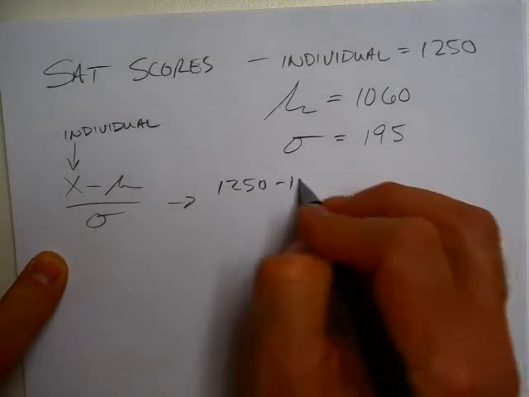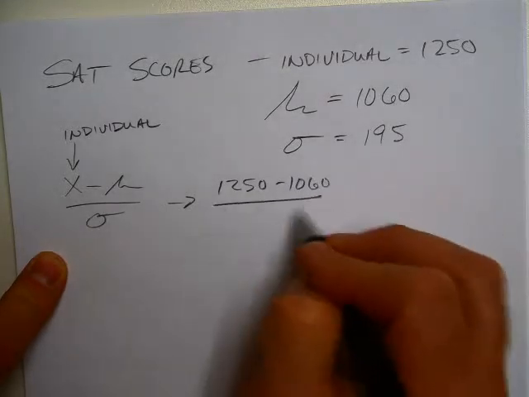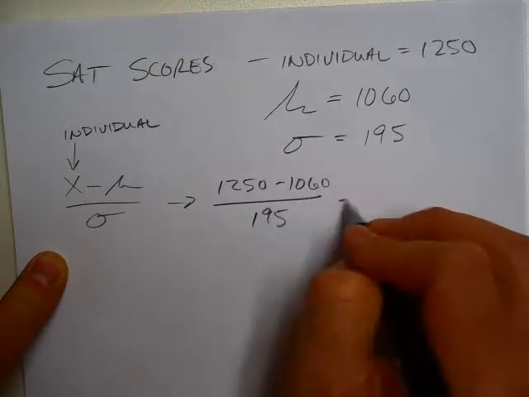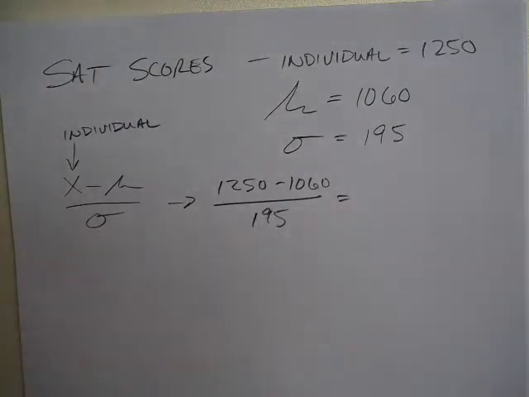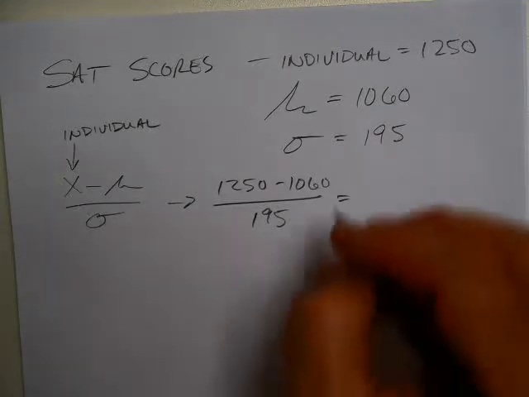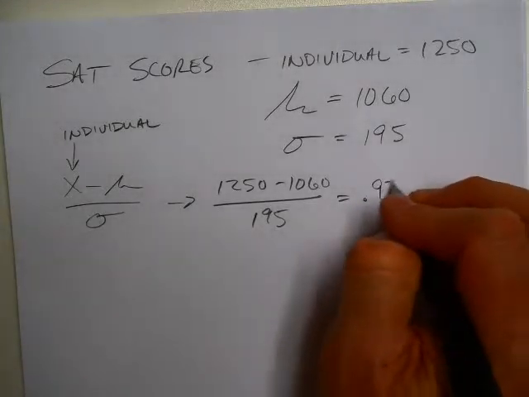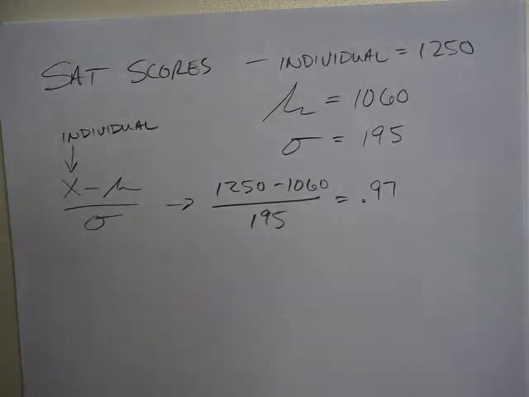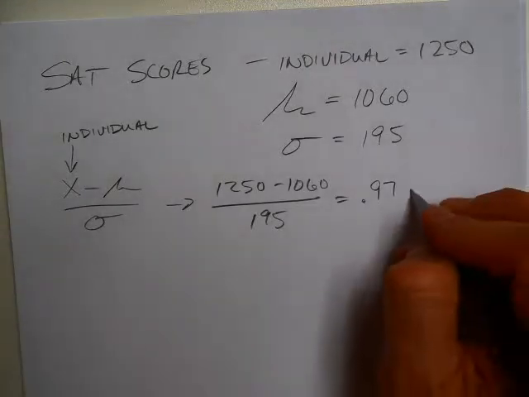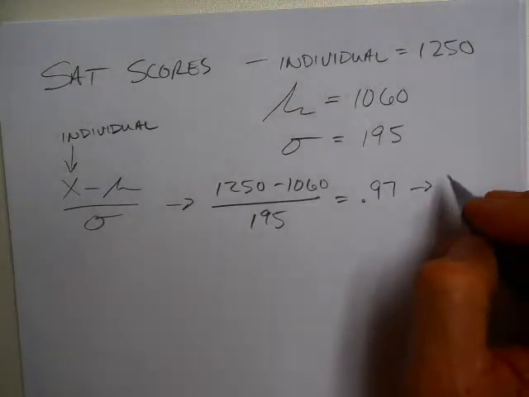1250 minus 1060 divided by 195. That's going to be 190 divided by 195, which is about 0.97. And if we go to table A and look at 0.97, that gives me a probability of 0.8340.